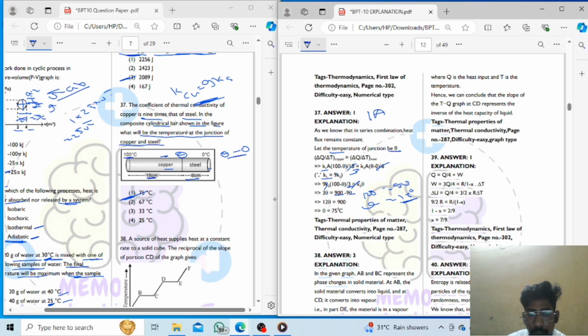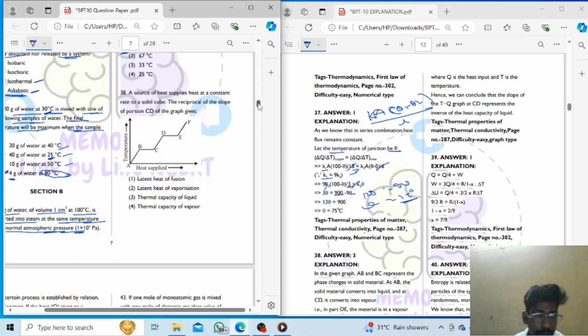K into A, theta 1 minus theta 2, divided by L. This is the formula to calculate dQ by dt, the rate of heat conduction.